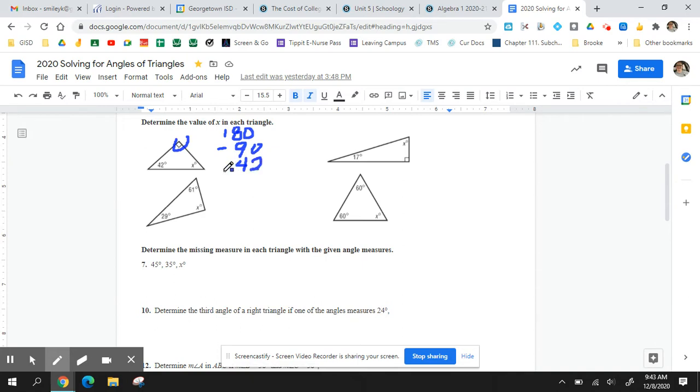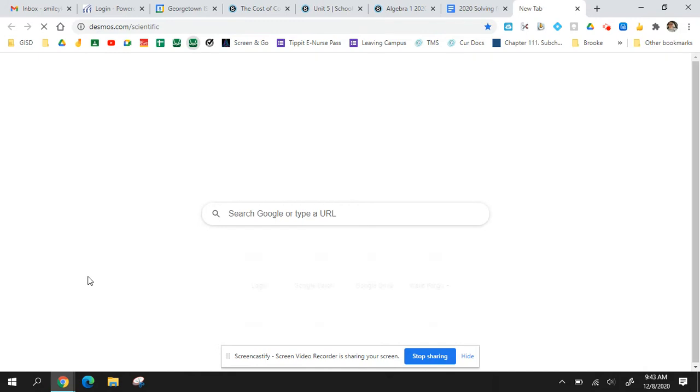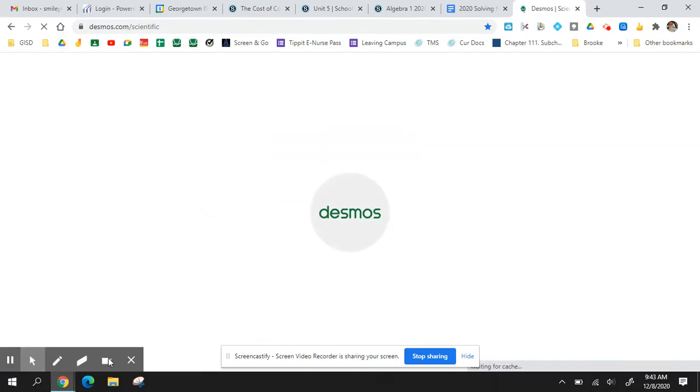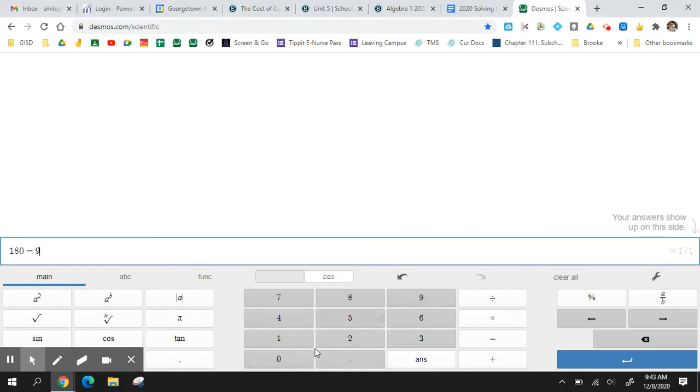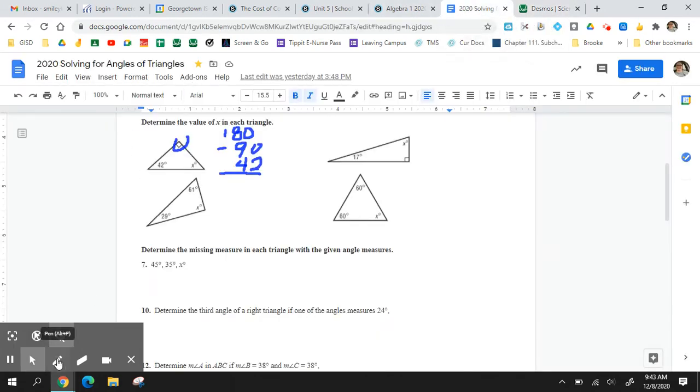You can type all of this in your calculator, or head over to Desmos and type it in. 180 minus 90 minus 42 in Desmos, you get 48. This is what we're going to do today for our lesson.